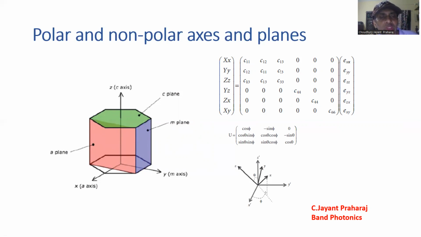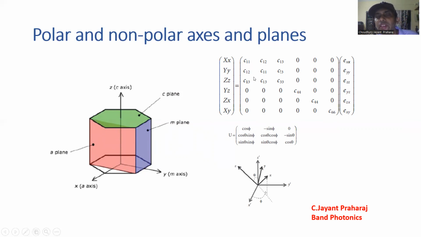And if we have growth along those planes, then those are non-polar planes. And then we do not have the spontaneous polarization along the interfacial direction or along the composition grading direction. And that leads to different physical considerations and different material parameters while designing and optimizing solar cells from these devices.